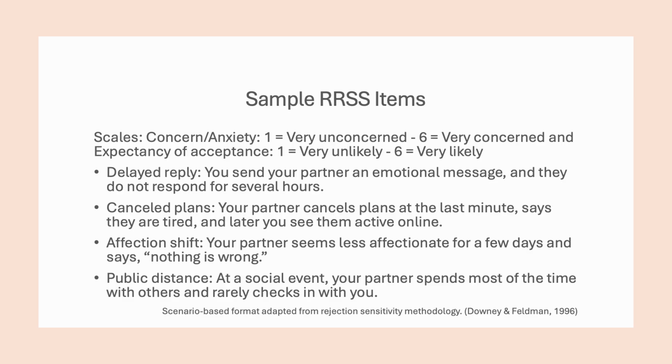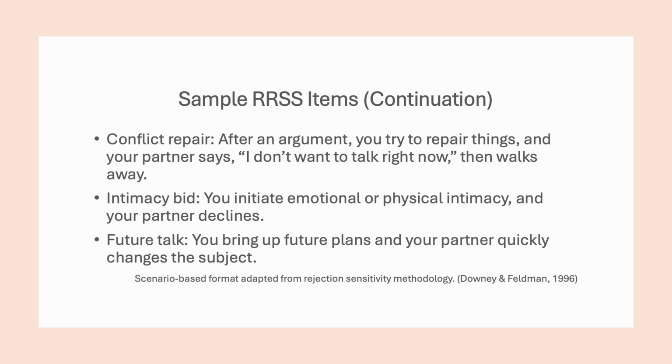The scenario-based format is adapted from established rejection sensitivity methodology, but the specific scenarios are tailored to modern adult romantic contexts. Some other examples include conflict repair after an argument, an intimacy bid that is declined, and future talk where the partner quickly changes the subject.